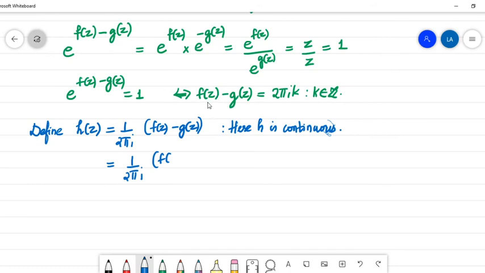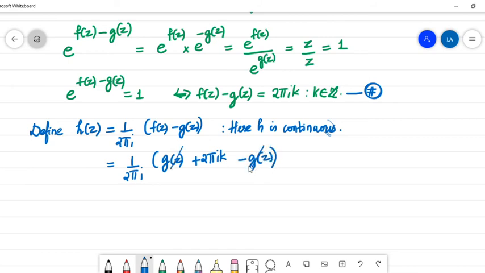So instead of this f of z, I am going to substitute what we got from here, let me call it hash. From hash, I substitute f of z to be g of z plus 2 pi i k, minus g of z.